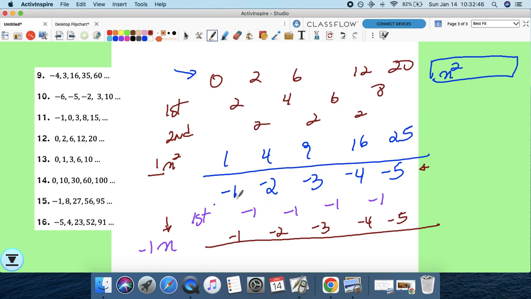So negative 1 minus 1 is just 0, so this is all 0. So I have to make no adjustments to this line to get to that one. So it's just n squared minus n. It's pretty simple.